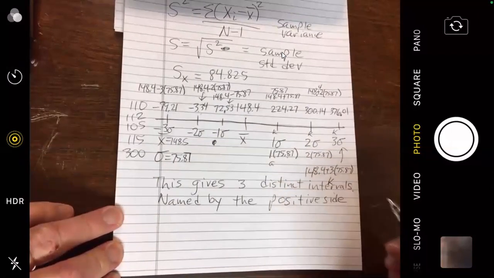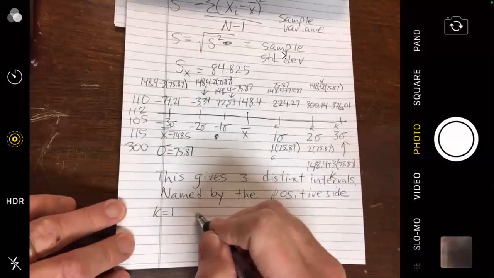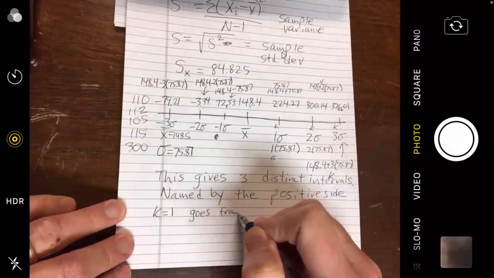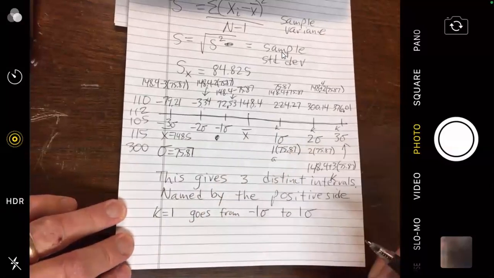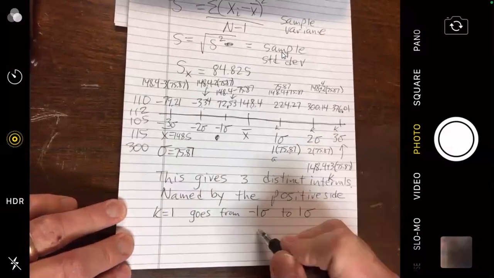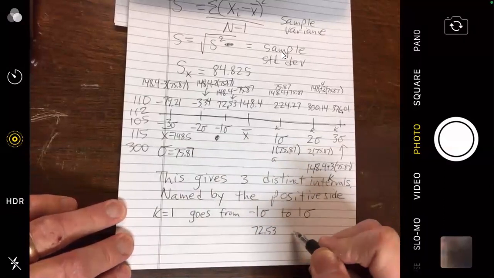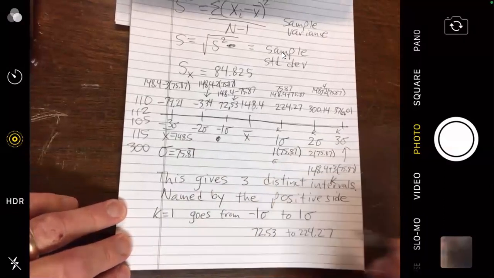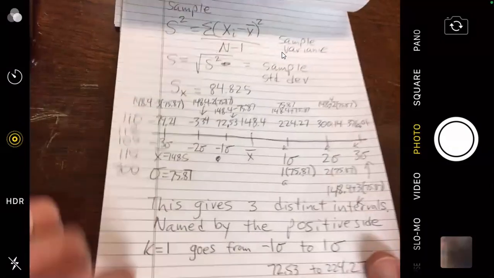The K equal 1 interval goes from minus 1 standard deviation to 1 standard deviation. For these numbers, that's from 72.53 to 224.27. I probably should rewrite it on the next page so I get all 3 together, because we're going to do something with this.